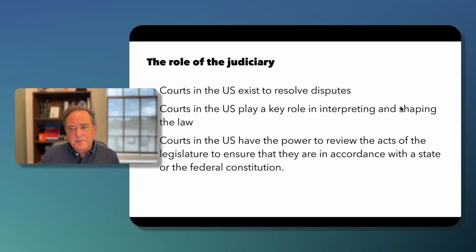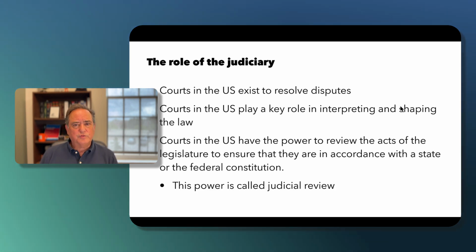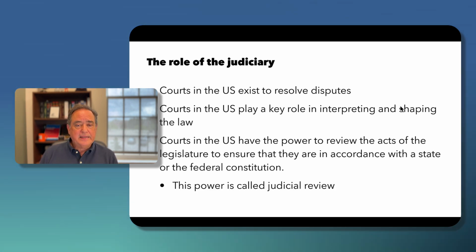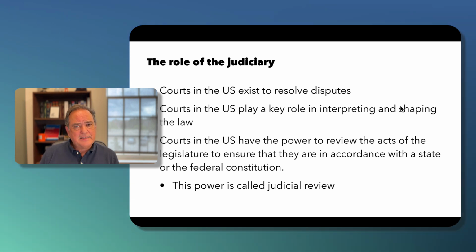Furthermore, courts in the U.S. have the power to review acts of the legislature to ensure that they're in accordance with a constitution, either the state constitution or the federal constitution. This power is called judicial review, and it is essential to how our system operates. So a court, any court, has the ability to examine a statute and to determine whether that statute falls within the bounds of the appropriate constitution, whether that's a state or the federal constitution.